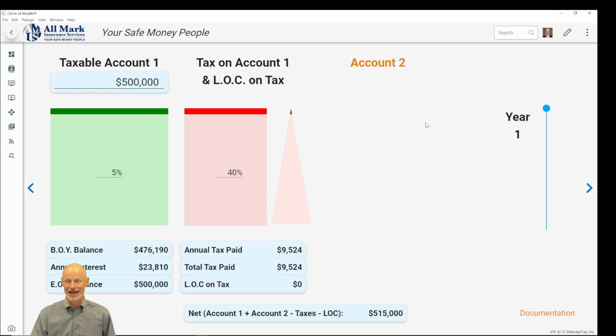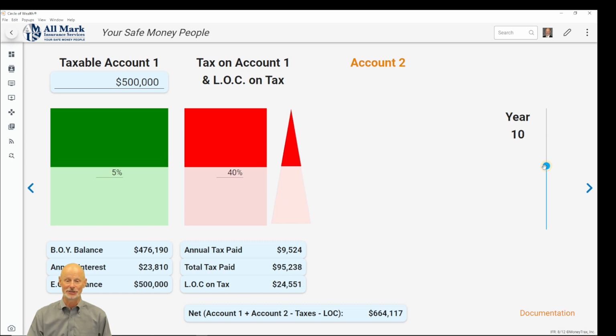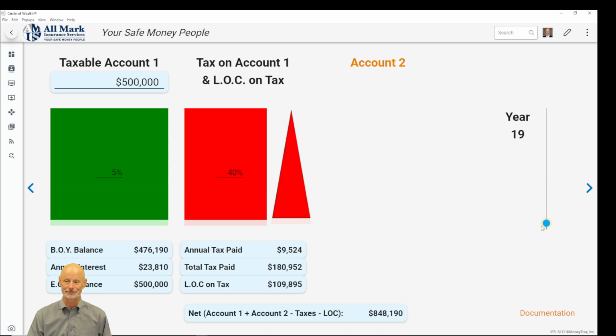We have that $500,000. Now, what we're going to do in this particular case, as you can see as we go here, we're not going to accumulate the money inside of this account over here. We're going to take the growth out each and every month or year throughout that period of time until we get out here to the 20-year point in time.